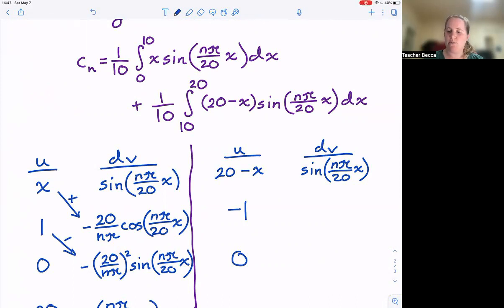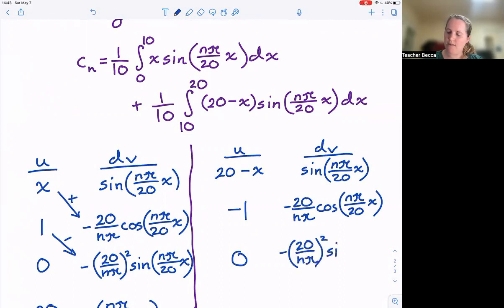Sine of n pi over 20x again goes to negative 20 over n pi cosine of n pi over 20x for our first integral. Integrating again, we will get a negative 20 over n pi, entire fraction squared, sine of n pi over 20x.